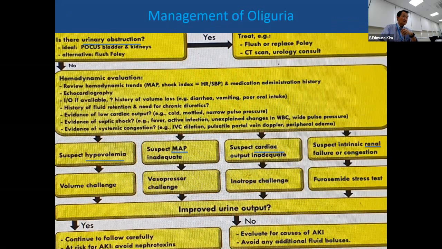So first you have to check for any urinary obstruction by CT and treat it. If not, then hemodynamic evaluation, or diarrhea, vomiting, all kinds of things I mentioned.